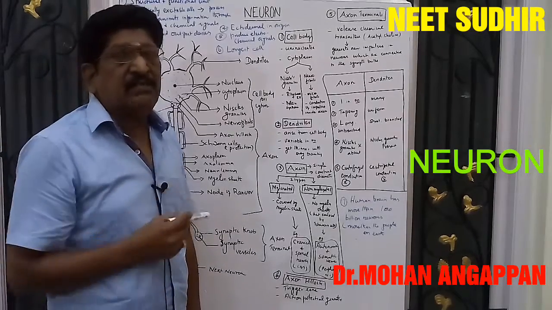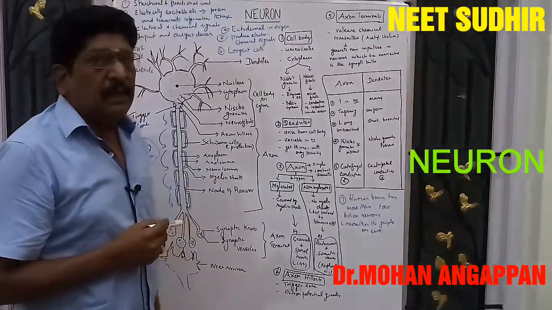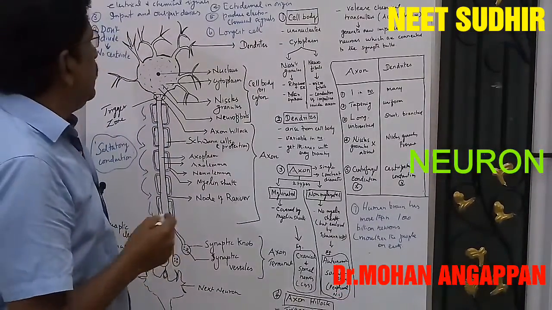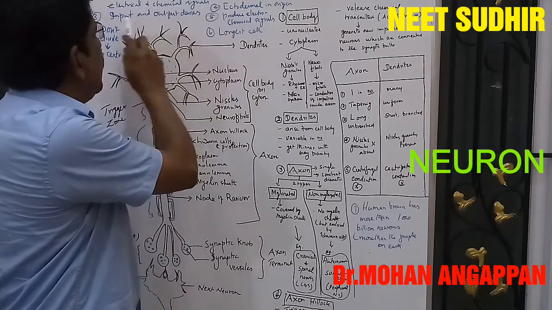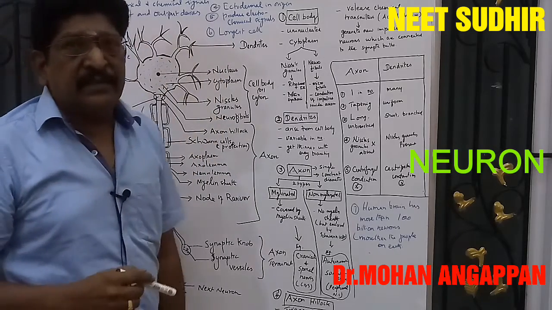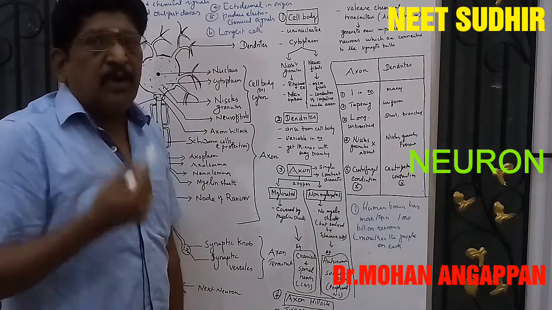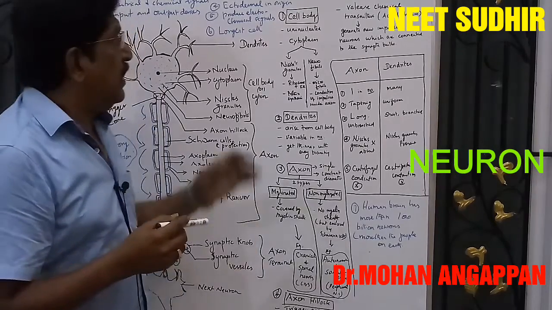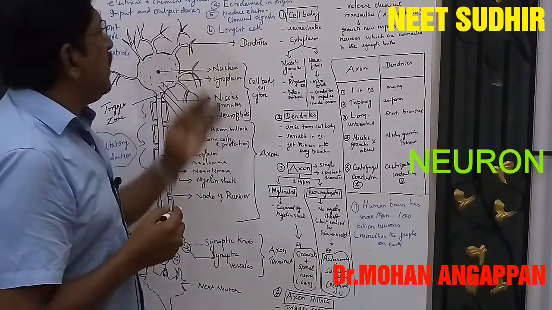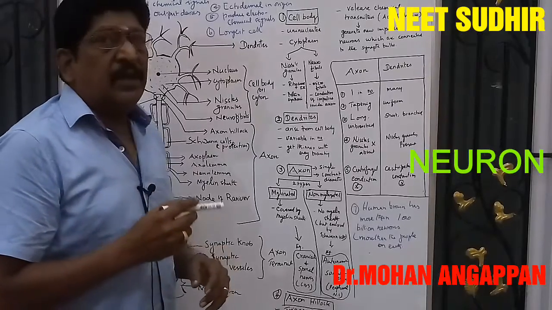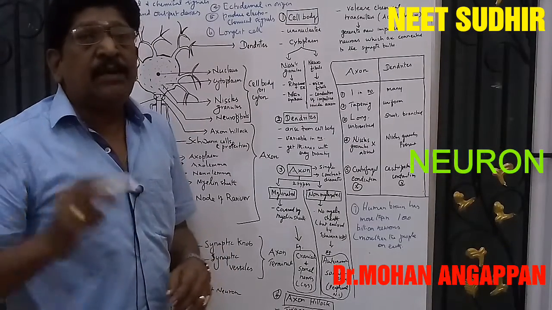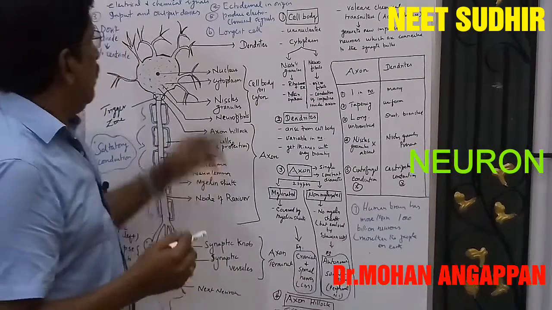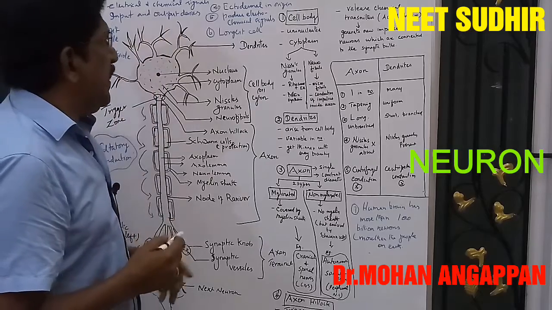It is the function of the neuron. Third point, it is called the input and output device. It produces the impulses and transmits the impulses from the brain to the body. So it is an input and output device.